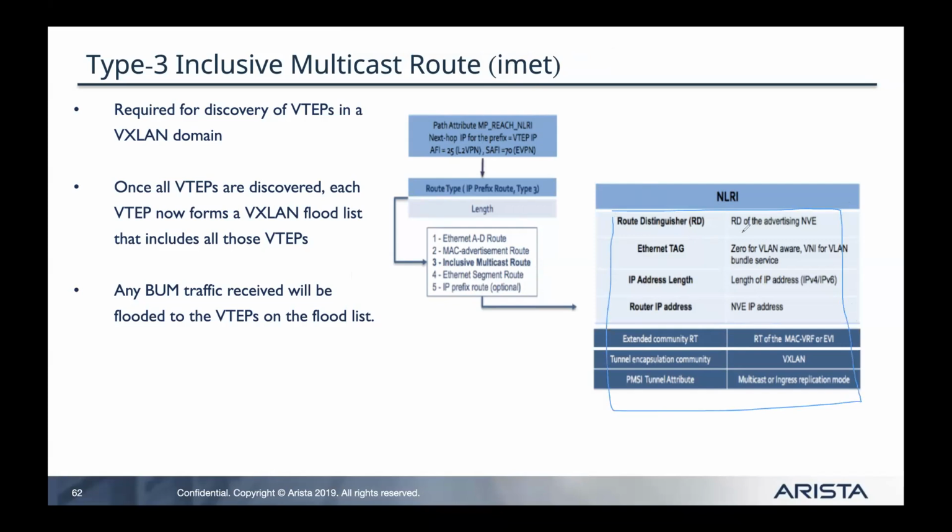You will advertise the route distinguisher and the Ethernet tag, which will be 0 for VLAN-based and VLAN-aware. There is the IP address, the router IP address, which is my VTEP IP address, the VTEP which is advertising the type 3 route, and the length. Then the extended route target, tunnel encapsulation VXLAN, and the PMSI tunnel attribute, which says whether we are going to use multicast replication or ingress replication.